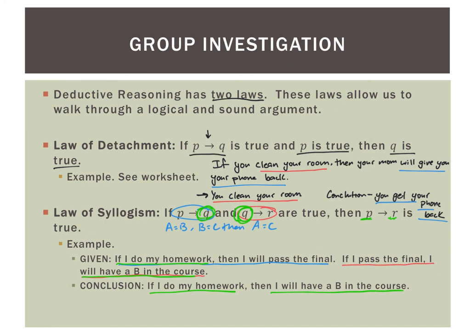In this statement, it's if I do my homework, then I'll pass the final. I will pass the final is Q. That needs to be the first part of the next statement. And it is. If I pass the final, then I have a B in the course. Since Q repeats like this, we have law of syllogism, and it is logically sound.